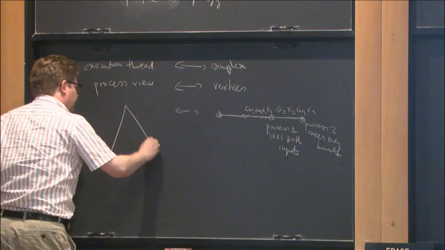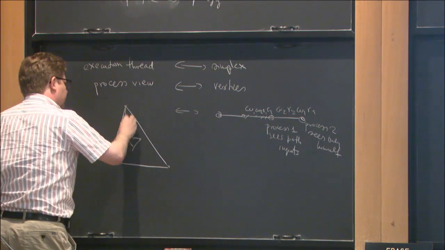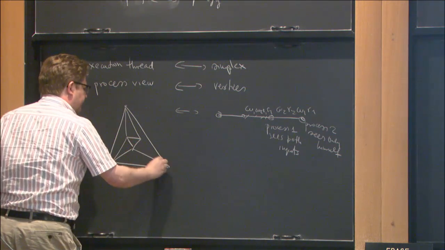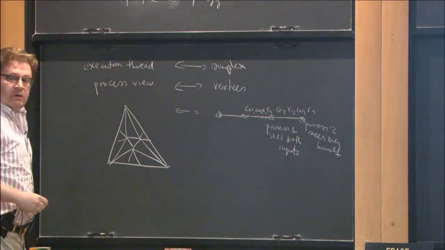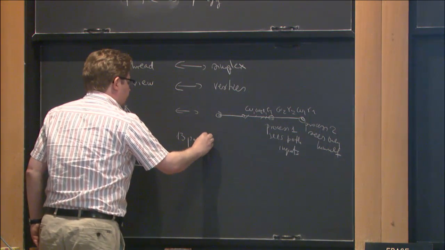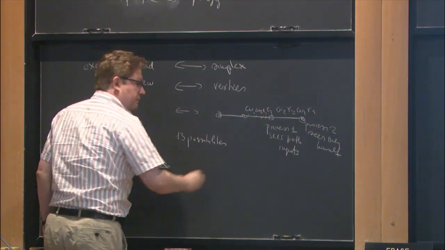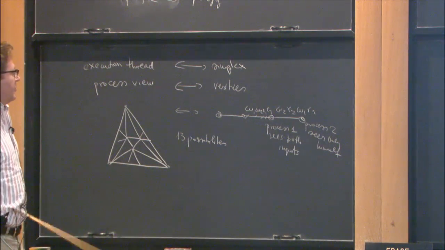For 3 processes, you get this subdivision of a triangle. So there are 13 possibilities with this protocol.